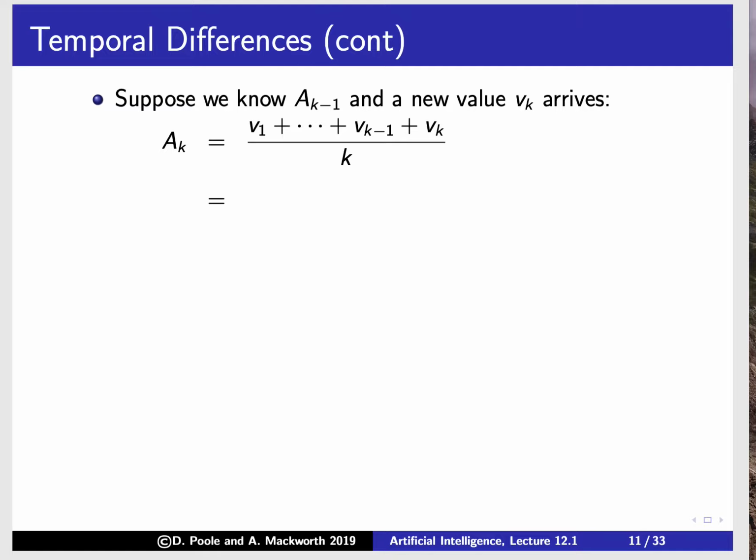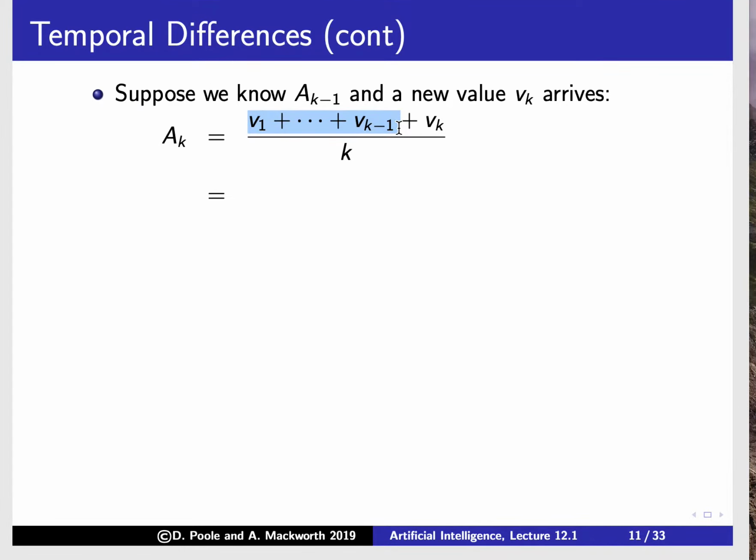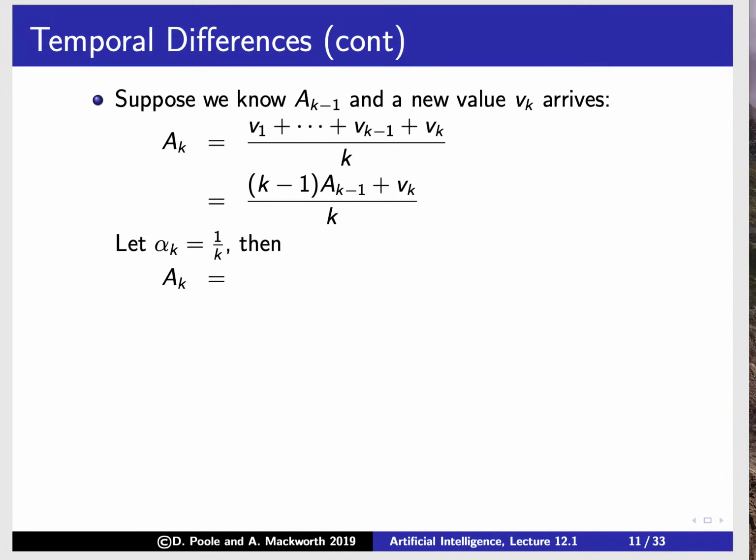So now we're going to split it up into the A of k minus 1 case plus the vk. This is equal to k minus 1 times A of k minus 1 plus vk, divided by k.